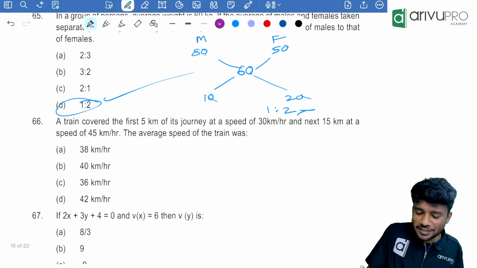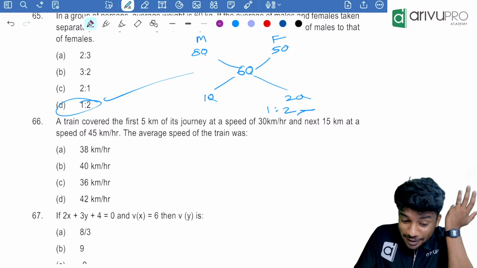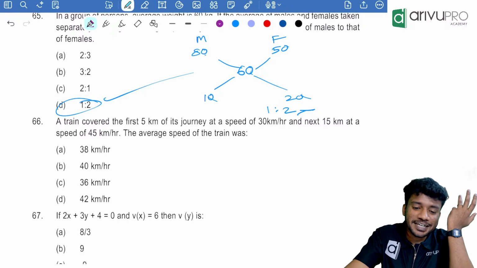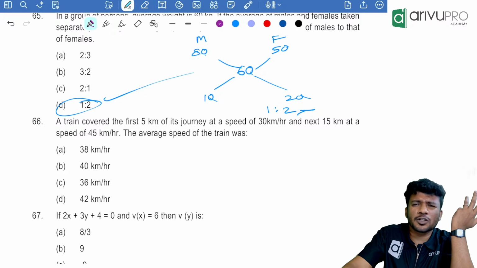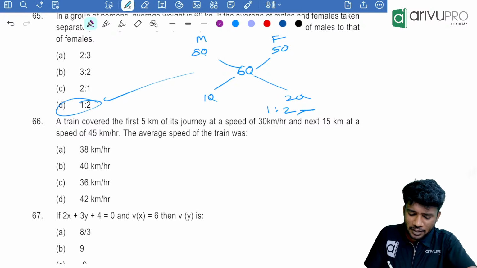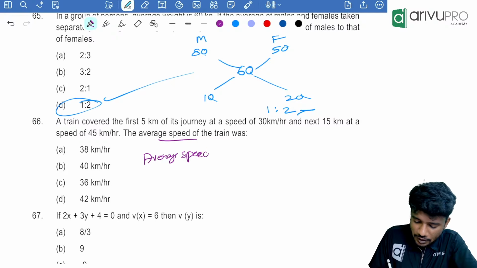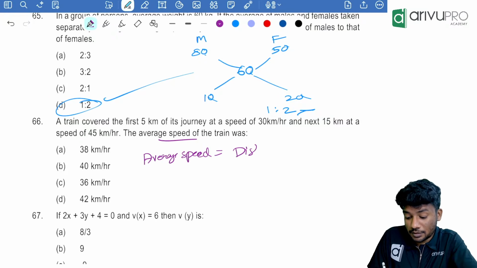Now another physics based question from our chapter number 14 itself, but we need to use the concept of physics whichever we have studied in our class 7th or 8th, long back. That's what we are going to do. Now people, we need to find the average speed. Here we are going to use the method of average speed is equal to total distance divided by time.